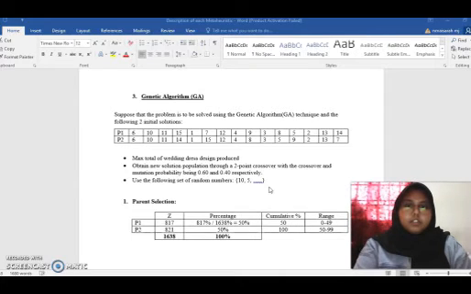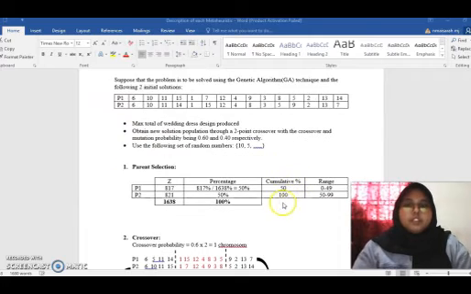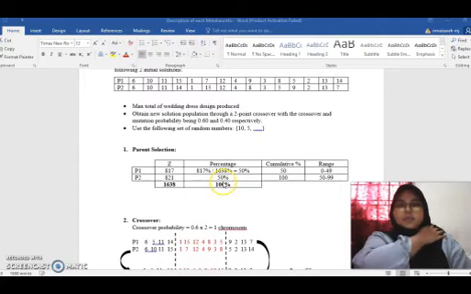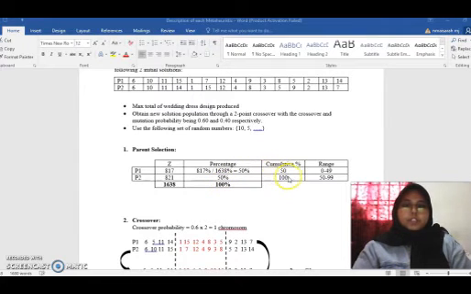Use the following set of random numbers, 10 and 5, because we only have two initial solutions. For the parent selection, the totals are 817 and 821 for parents 1 and 2. The percentage for each parent is 50%, making 100%, and the cumulative percent for parent 1 is 50 and parent 2 is 100.